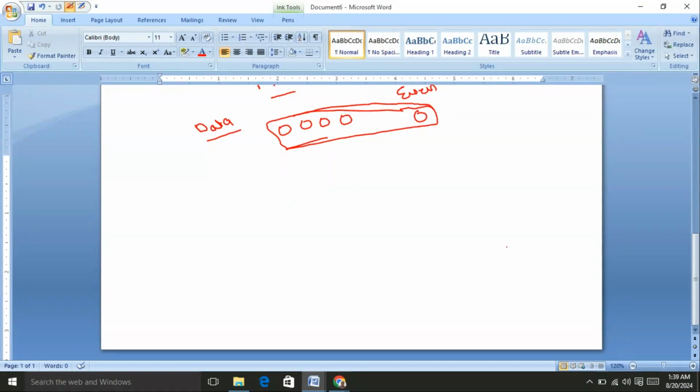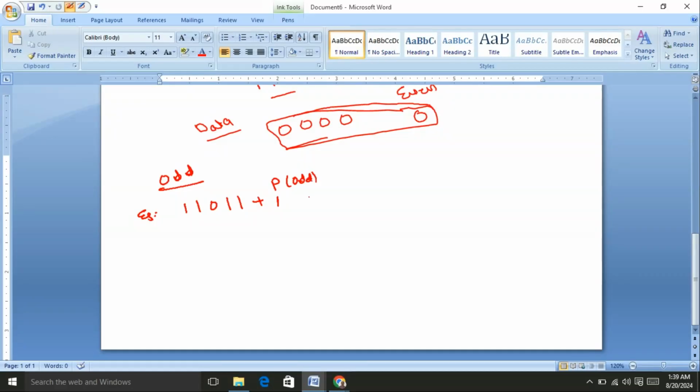And one more issue is that the parity can identify an odd number of changes within the information, not an even number of changes. For example, let us consider the data 11011 plus one odd parity bit, that is 1.